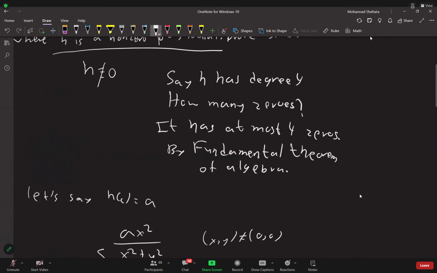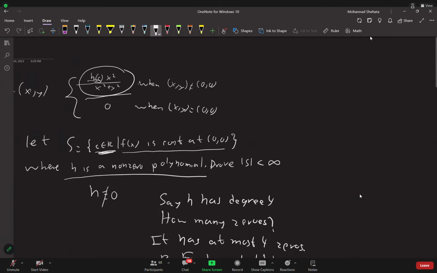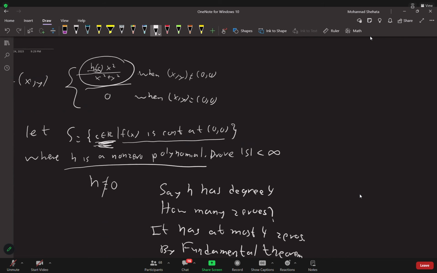Thus, these are the choices for c where f of x is continuous and h is a non-zero polynomial. Since I found that the number of roots of h is finite, I proved that the size of S is also finite. This is what the absolute value of S less than infinity means. I'm saying the size of S is finite.